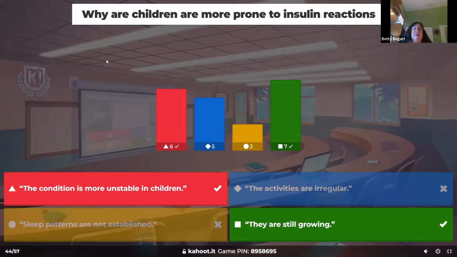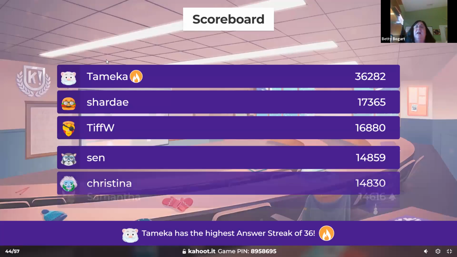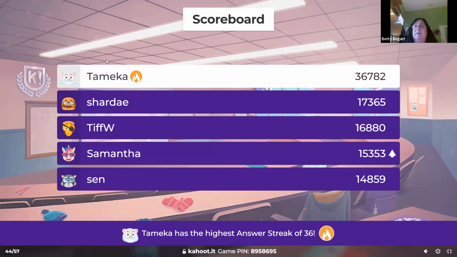Because their condition is more unstable. They're growing. With children, they don't eat the way they should, etc. So all of these things can cause problems with insulin and their body. And you can change insulins also.